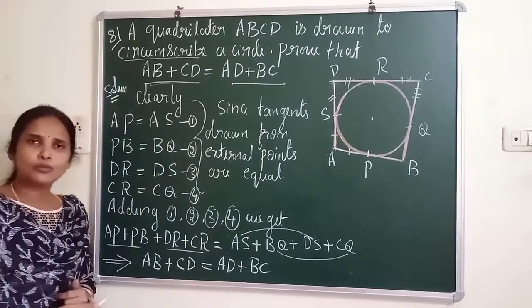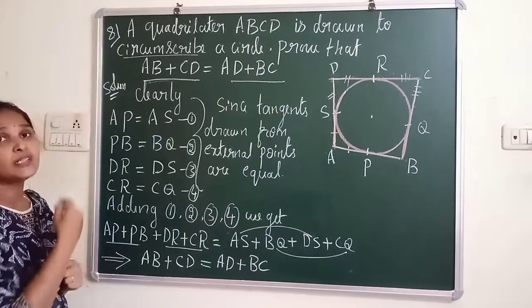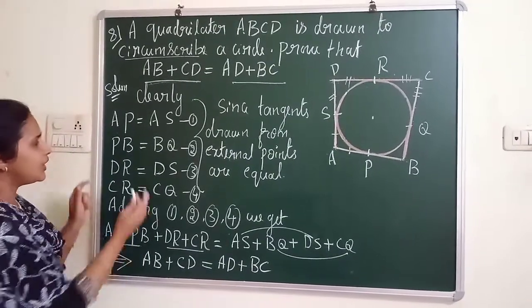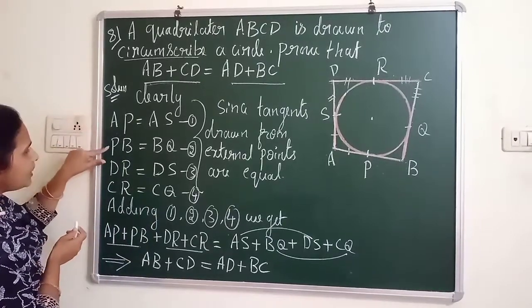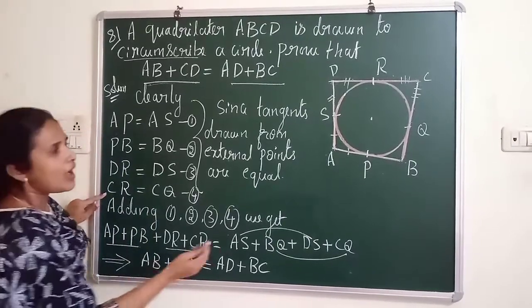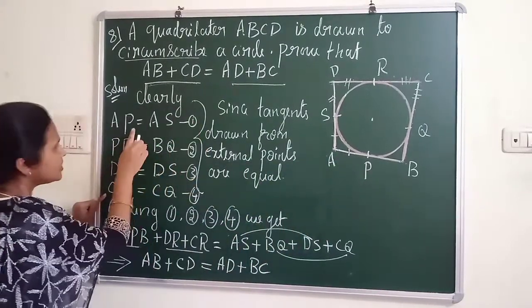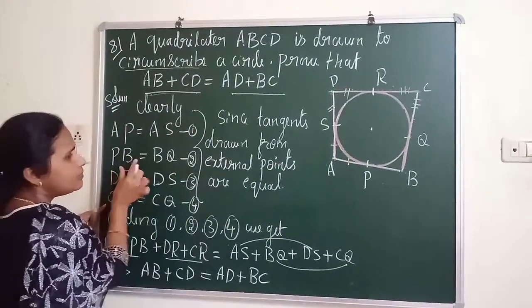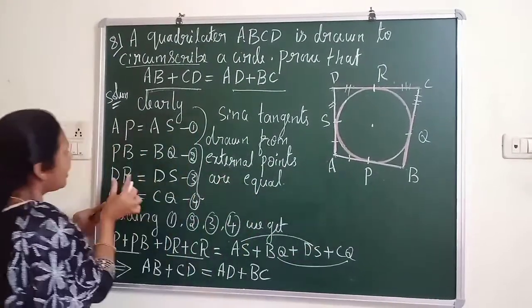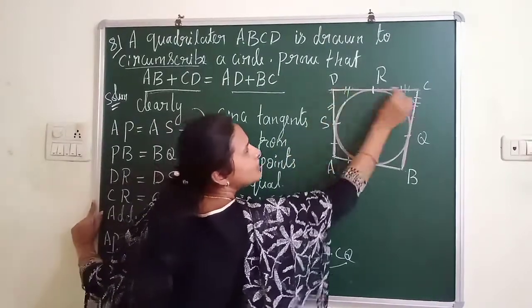Now what should I do to get the answer? You can observe that on the left side you should have opposite sides. So be careful when you write this 4. AP, PB, DR and CR are parts of opposite sides. AP is a part of this line segment, PB is a part of this line segment, and DR and CR are parts of the opposite line segment.